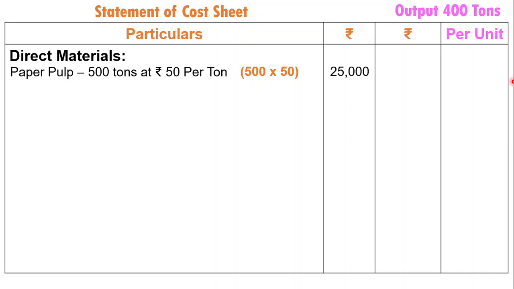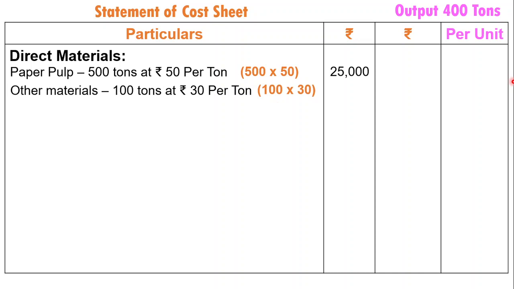Along with the paper pulp, other direct materials are also purchased. So the second item under direct materials is other materials, 100 tons purchased at the rate of 30 rupees per ton. To arrive at the value, 100 into 30, the product of which is 3,000.